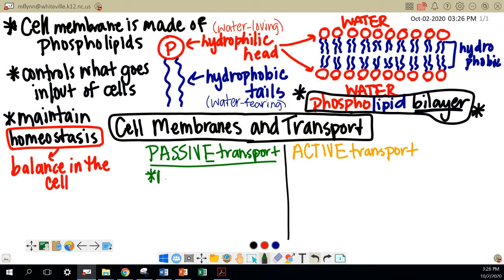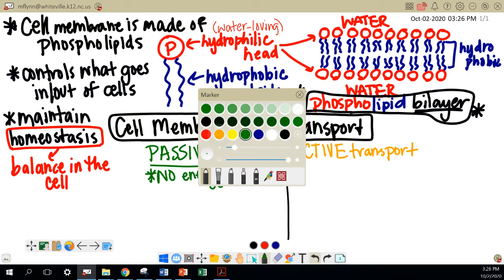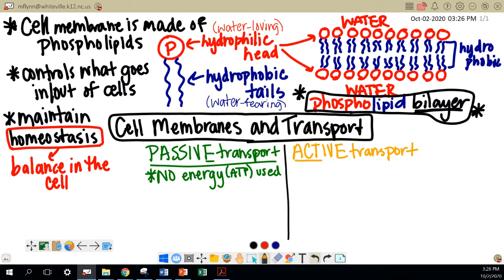So no energy is used. No energy or ATP used. Whereas active transport, by definition, does require energy. So it requires energy. Or ATP. Okay.